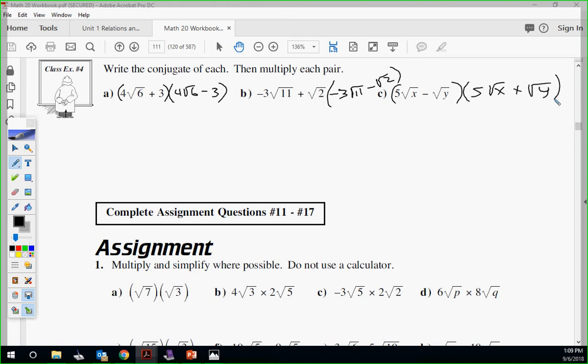All right, so let's go ahead and multiply these. Let's see what we get. 4 times 4, we got 16. We got 6. I'm going to skip the middle. Is that okay? 3 times negative 3, minus 9. 16 times 6 is 96. Minus 9 is 87. So we got 87.